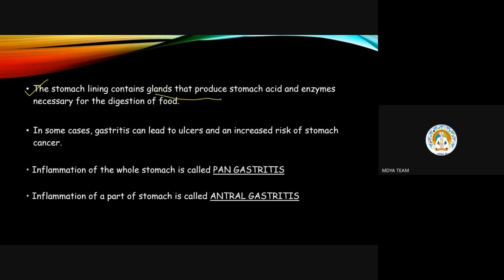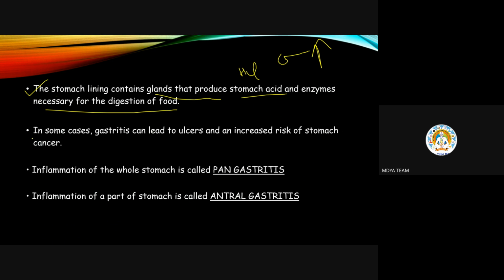Everything in a moderate amount is okay, but when it is too high, it leads to problems. The stomach lining contains glands that produce stomach acid, which is nothing but HCl, and enzymes necessary for the digestion of food, as they break down the food and help in digestion.